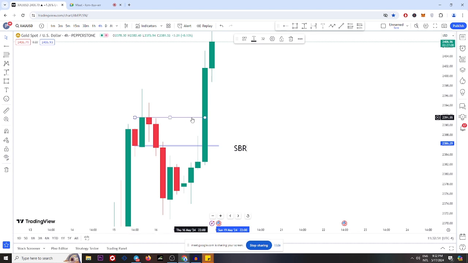Okay, now we know the A level, we know the V level, we know this gap level, we also know RBS and SBR. So we will see why we needed all of this, but before we go a little bit further, we need to look at which is fresh and which is not fresh.